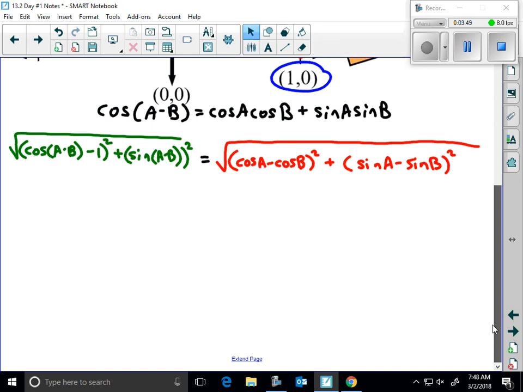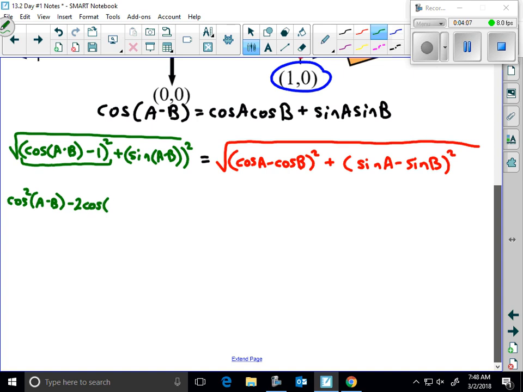Okay, let's do some stuff here. Let's expand this, right? I have to FOIL that. So cosine squared of A minus B, you can follow along at home and just watch, minus 2 cosine of A minus B, plus 1.